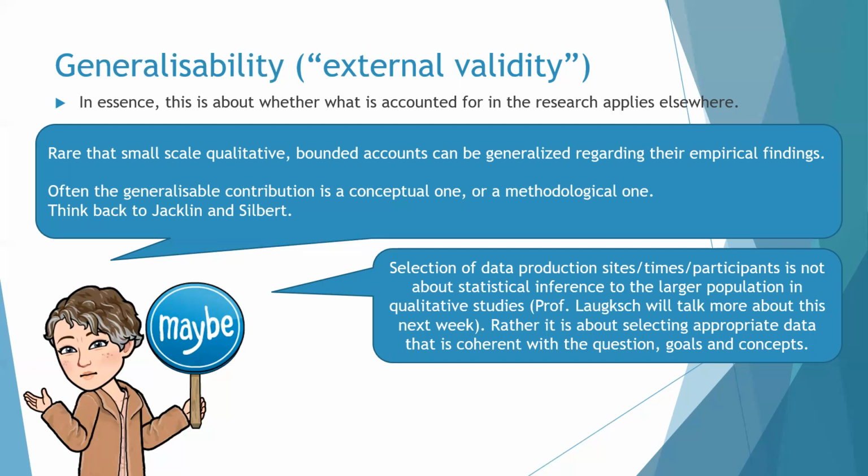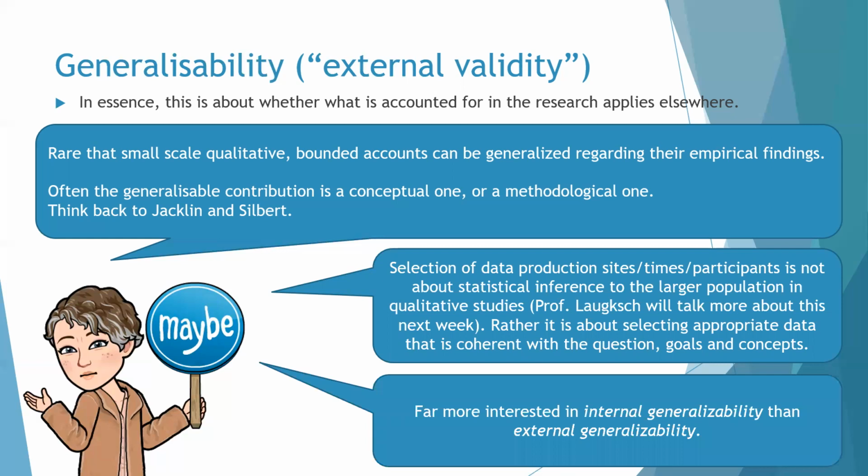But for qualitative work, it's about selecting appropriate data that is coherent with the question, goals, and concepts, and provides a description that is internally coherent. We're interested to know if the data you produced tells us about that case in terms of where you could walk back into the same place or the same practice or the same phenomena, and the account offered in the study would resonate, unless there's been significant changes since the study occurred.